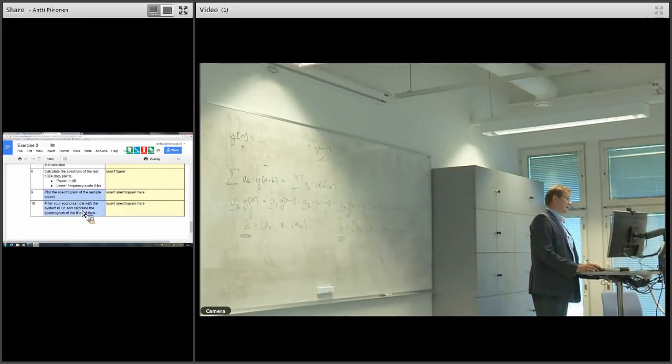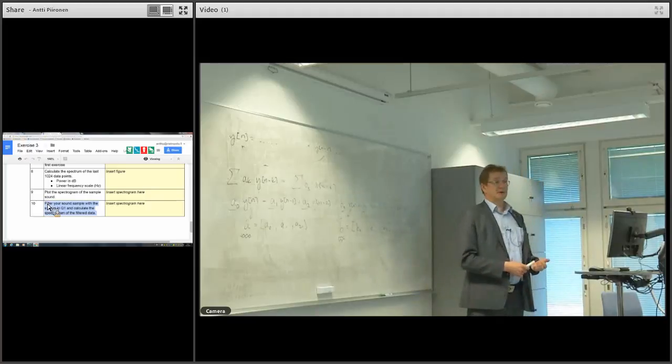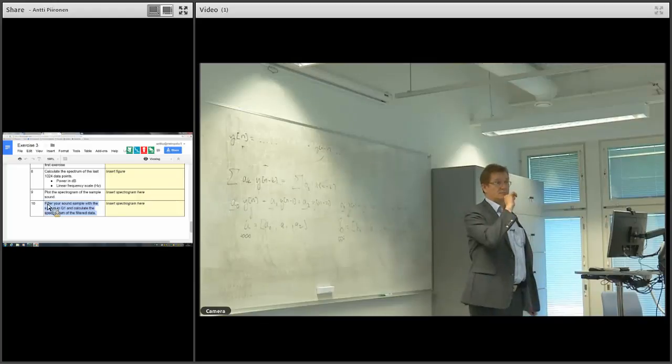And then, okay, 10, combining the system responses with our arbitrary signal, basically. So basically, the question is, can you find the system properties from the spectrogram?